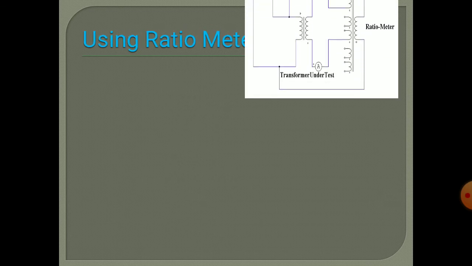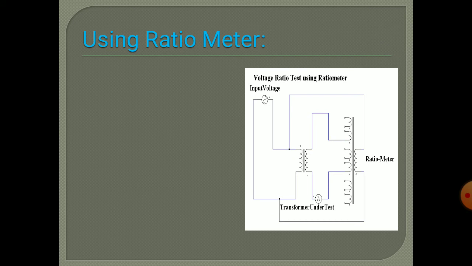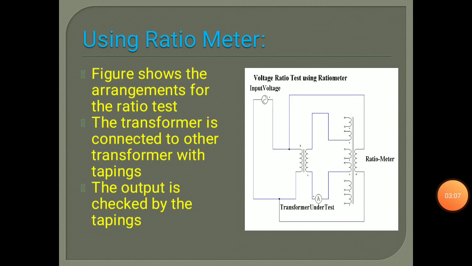Now let us go to the other method, that is the ratio meter method. In this figure you can see the actual arrangement of the transformer which is under test. One more transformer with tappings is provided on the low voltage side of the transformer, which is connected over here, and the output is taken from the tappings by varying the number of tappings of the tapping transformer which is connected to the low voltage side winding, and readings can be taken.